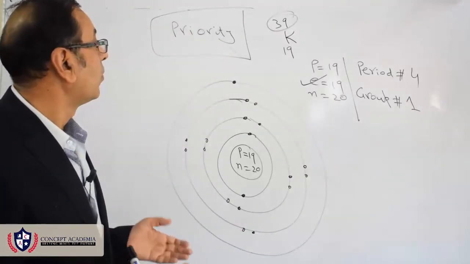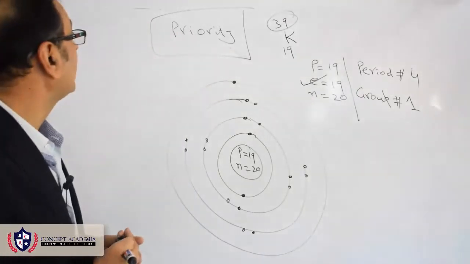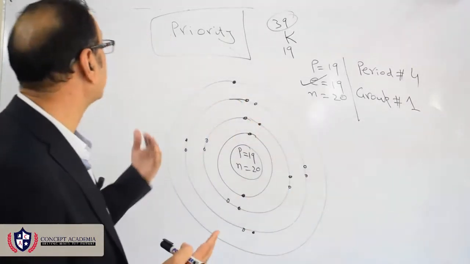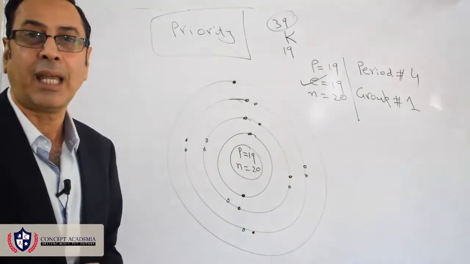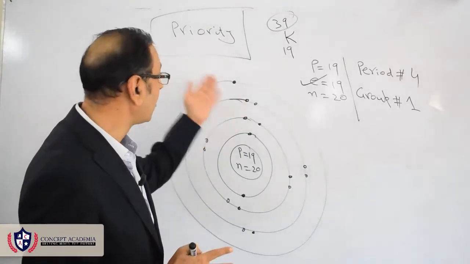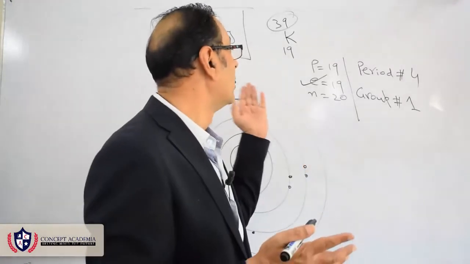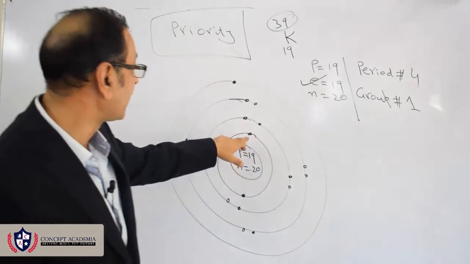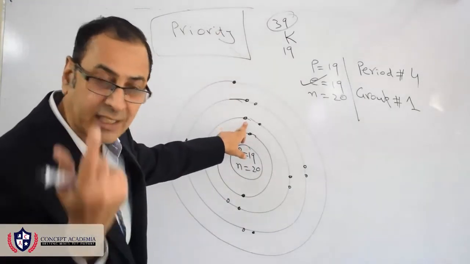Whenever you are going to draw the electronic configuration, the first priority is given to the period number, and the second priority is given to the group number. The period number tells us the number of shells, so there are 4 shells. The group number is 1, which tells us the number of electrons, so it has 1 electron in the last shell. Then you start from the first shell, which can have a maximum of 2 electrons, and the second shell, a maximum of 8 electrons.